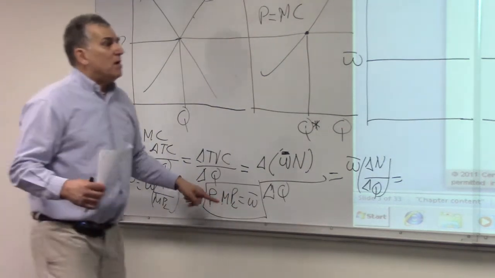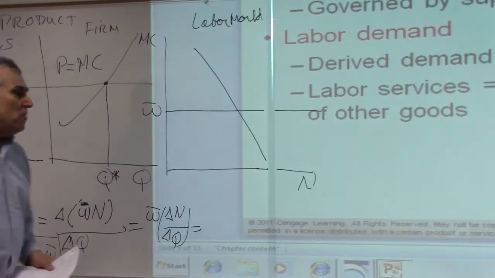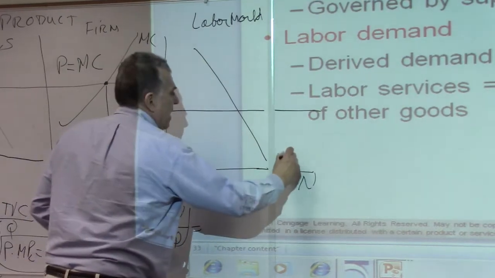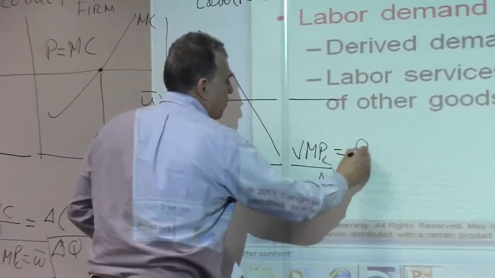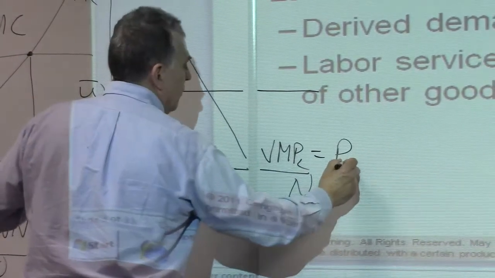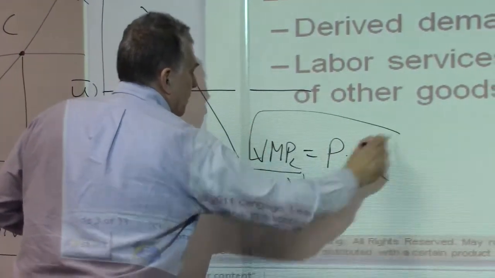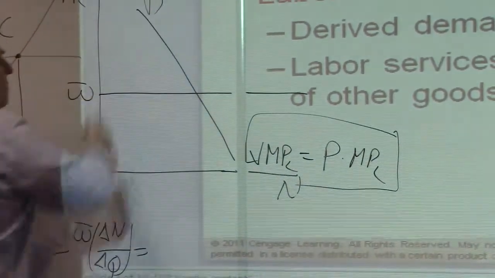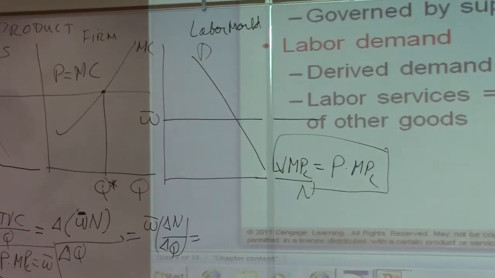P times MPL is the marginal product valued at the market price. In other words, it's the value of the marginal product of labor, which equals the price of the output, Q, times the marginal product of labor. This is the demand for labor. So, this theory allows us to derive the demand for labor.